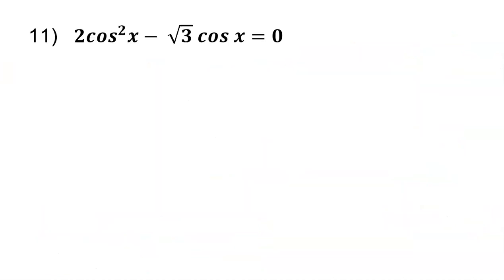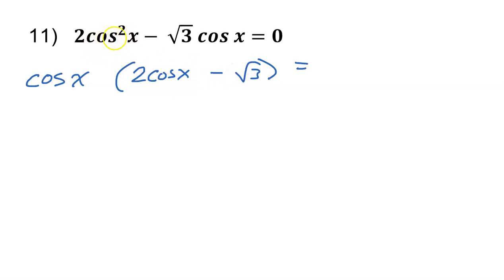Last problem. I'm noticing that both terms have a common factor of cosine. So when you see a GCF like that, go ahead and pull that outside of parentheses. If I take away this cosine, I'm going to be left with 2 cosine minus radical 3.